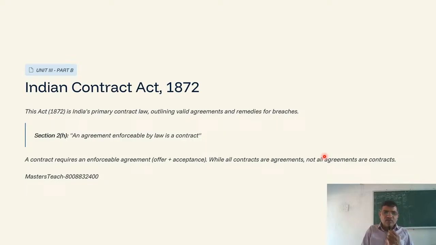There should be an offer, somebody should offer, and one has to accept. Offer and acceptance are required. All contracts are agreements, but not all agreements are contracts. So remember this point. We'll go swiftly to the next slide.